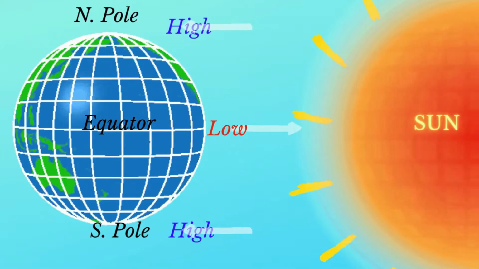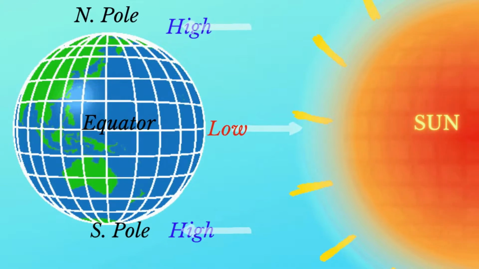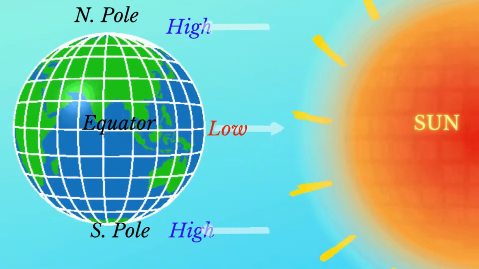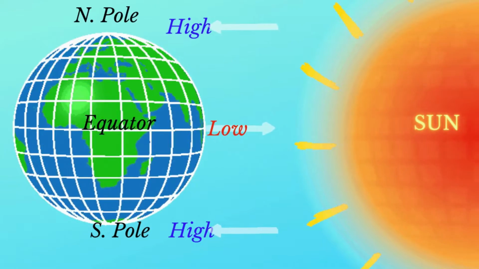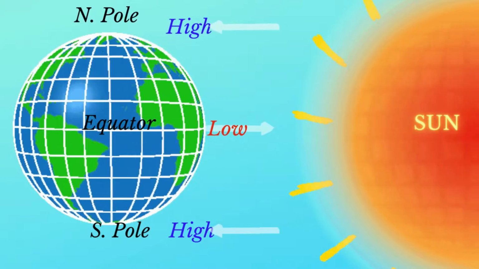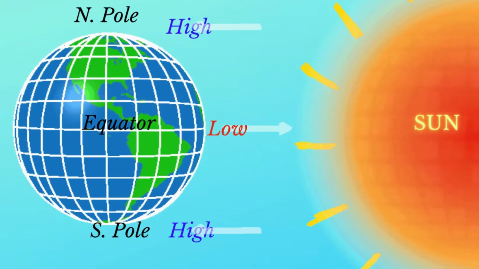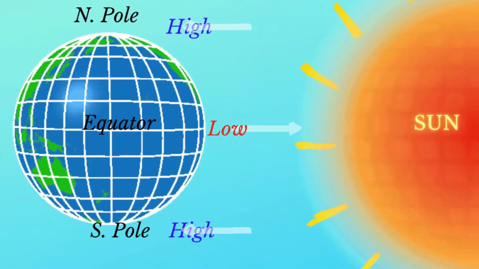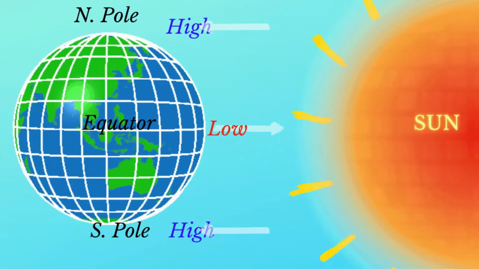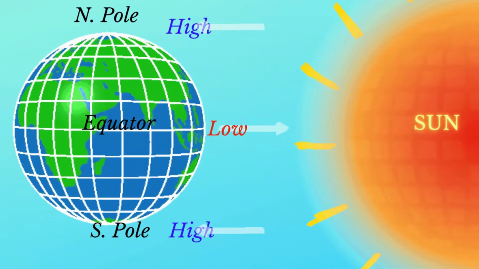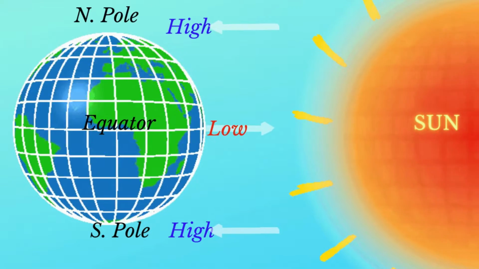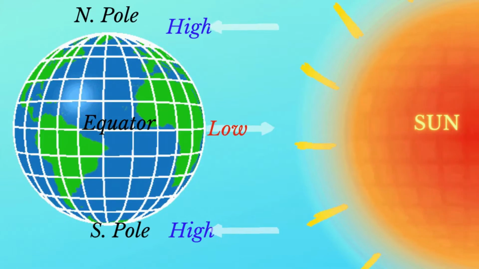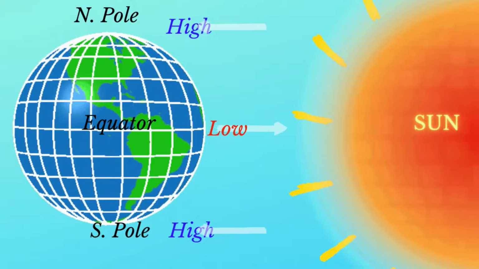Thus, the air at the equator will rise due to convection, and this will create a belt of low pressure at the equator. Meanwhile, at the pole, the opposite will happen. The cold air will sink, resulting in a high atmospheric pressure belt at the poles.